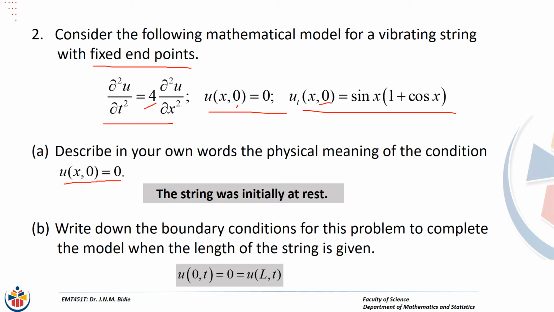Then B, we're supposed to write down the boundary conditions of the problem so that we complete the model when the length of the string is given. Note that in this whole problem, the length of the string is not there. So now we have the boundary conditions of the problem based on the fact that our string is fixed.